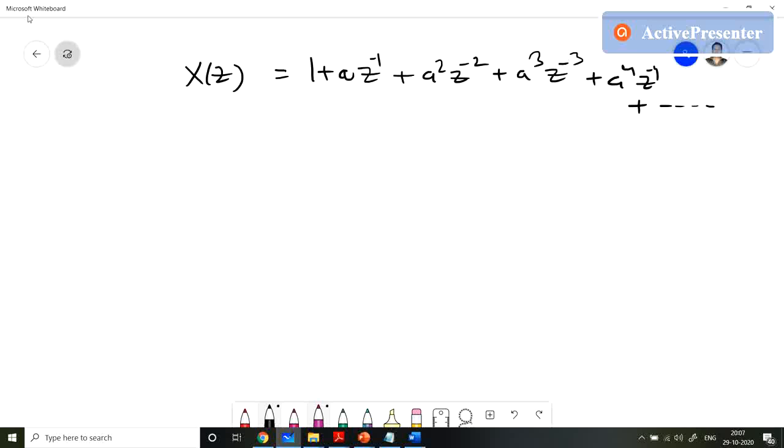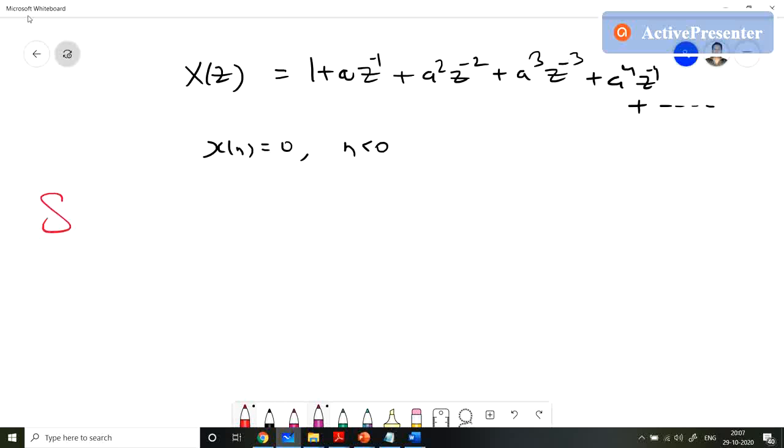So how to find the value? The first thing is clear: x[n] is equal to 0 for n less than 0. Second, we don't have any coefficient for z raised to the power 1 or z raised to the power 2, because if we see this expression, it only contains the negative powers of z.